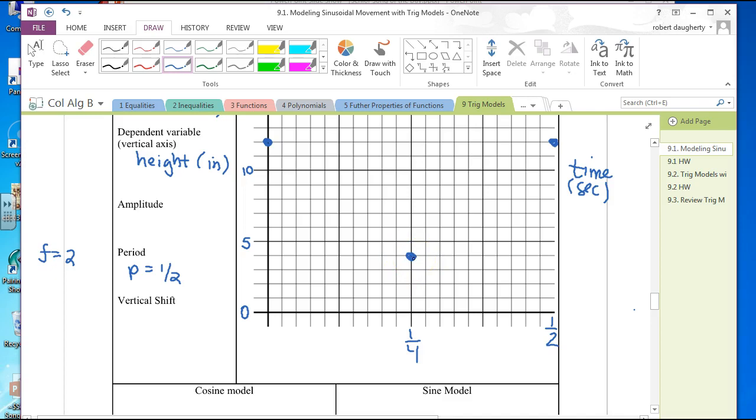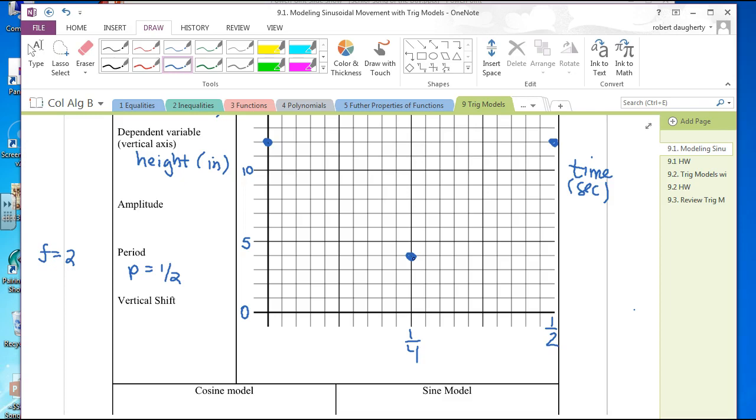Now, how am I going to figure out the amplitude? The amplitude says from some vertical line, whatever distance I go up, there's an equal distance I go down. So it's going up to 12 and down to 4. What's the distance between 12 and 4? 12 minus 4 is 8.